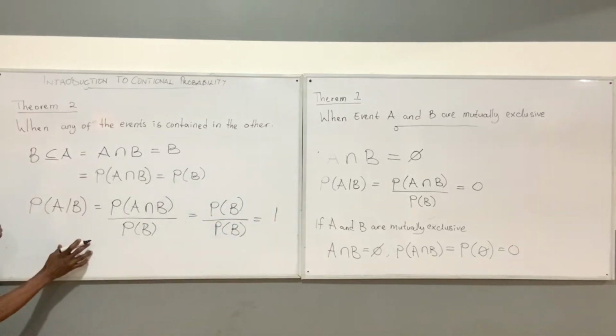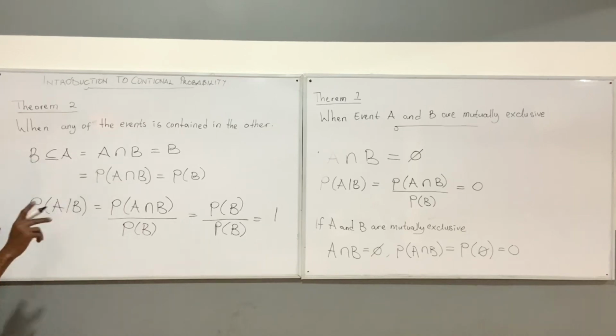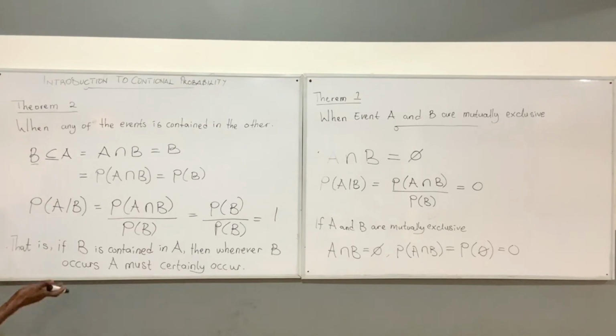So this theorem says that when event B is contained in A, then whenever event B occurs, A must certainly occur. So let me put that on the board. So there you have it.